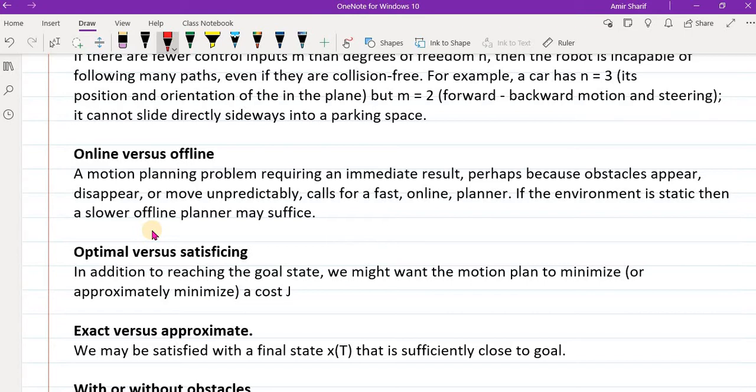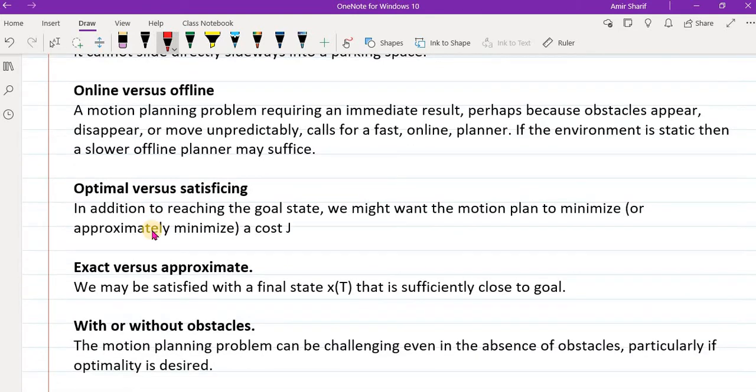Then according to this static environment you do path planning, you generate a path, and then the robot just follows this path. So you don't need very fast real-time or online planning. So this is again a type of motion planning problem. While designing a motion planner, you need to take this into account.